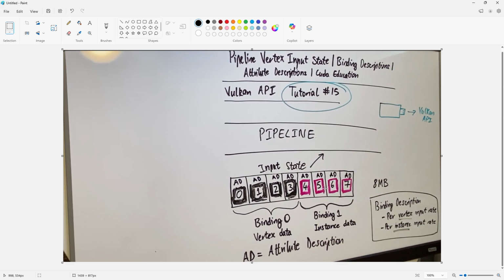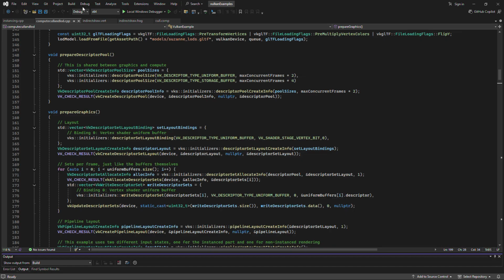Conversely, blocks 4, 5, 6, and 7, which is associated with binding 1, is going to be consumed on a per instance basis, what they call per instance input rate, per instance basis. So these blocks are going to be consumed per object.